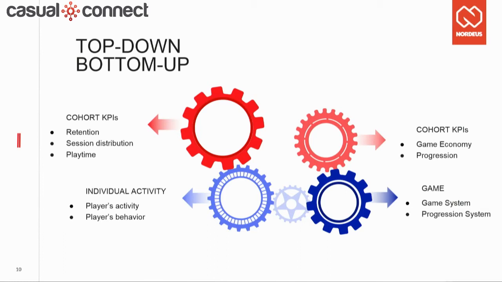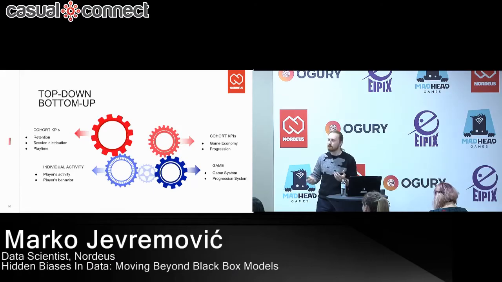there's also a part where you need to have more or less consistent behavior of each of the users, because otherwise it's not very useful. So once you have this user level, let's say, engagement and behavior, then you need to define your game system and how they're going to interact with it.